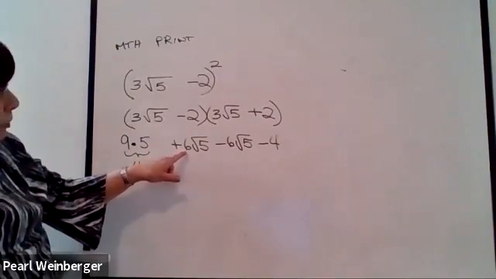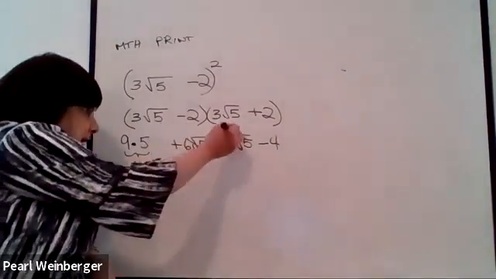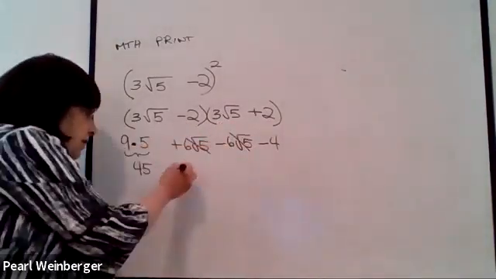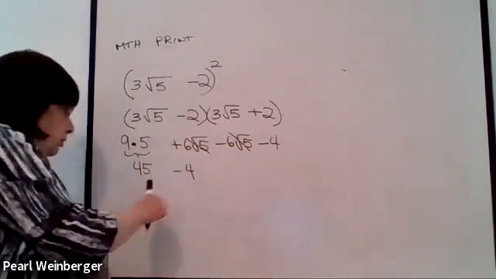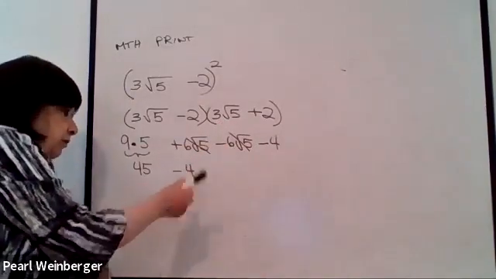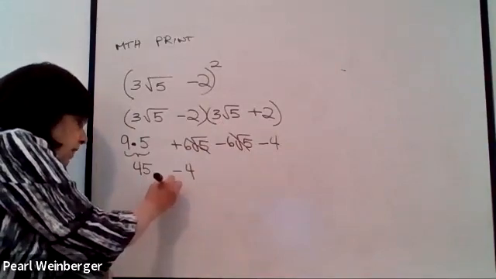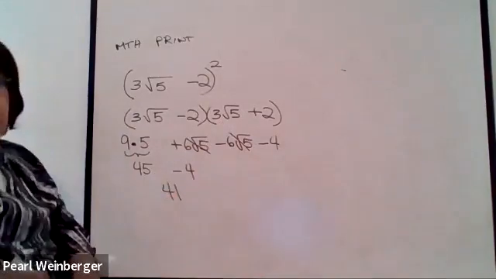And so that just cancels out. And then I have this negative 4. So I combine the 45 and the negative 4, and my final answer comes out to be 41.